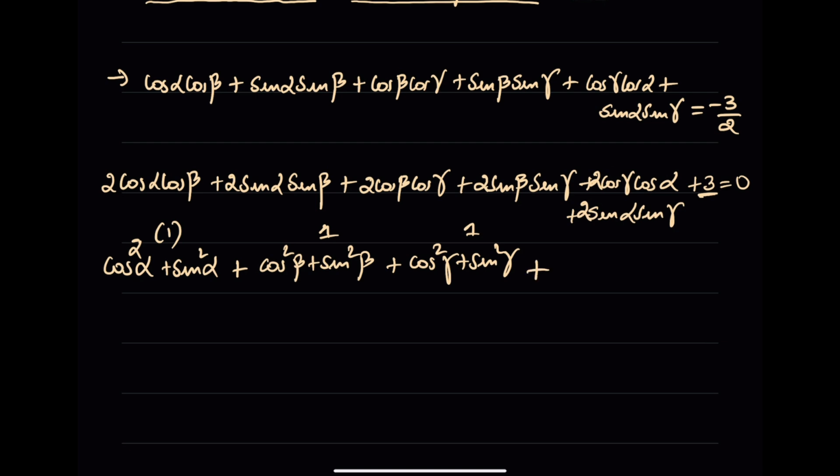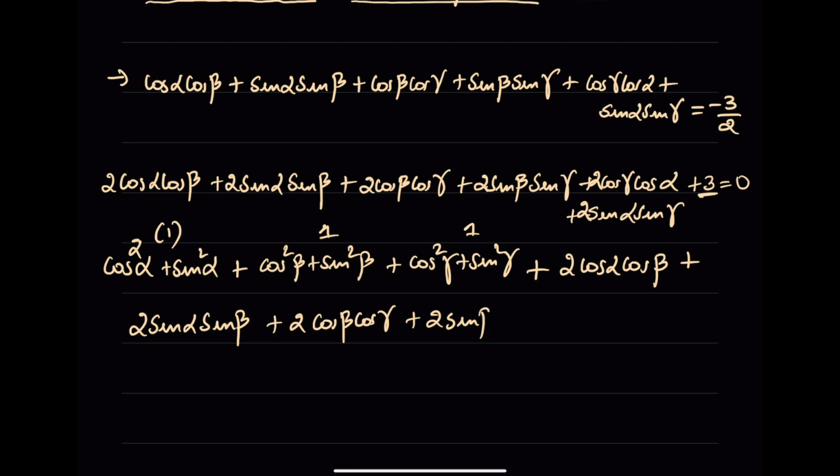We have 2 cos alpha cos beta plus 2 sin alpha sin beta plus 2 cos beta cos gamma plus 2 sin beta sin gamma plus 2 cos gamma cos alpha plus 2 sin alpha sin gamma. This is equal to 0.